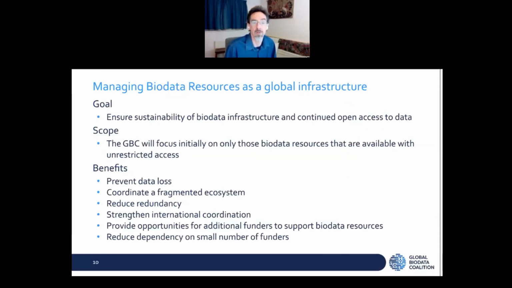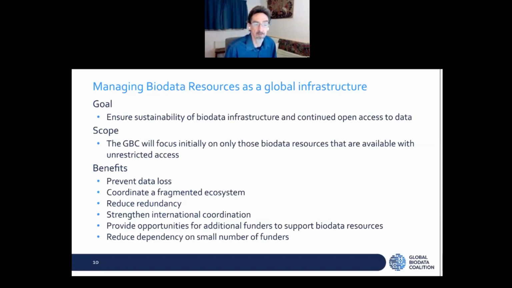Right. So the Global Biodata Coalition was formed just after that. And as with many things, it wasn't formed de novo instantly. It kind of grew over time. And the goal of the GBC is to ensure the sustainability of the biodata infrastructure and the continued access to data by scientists.